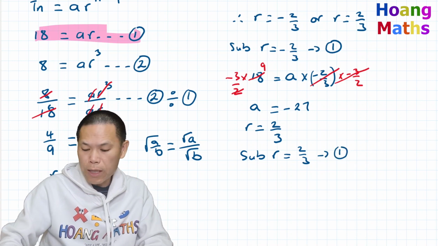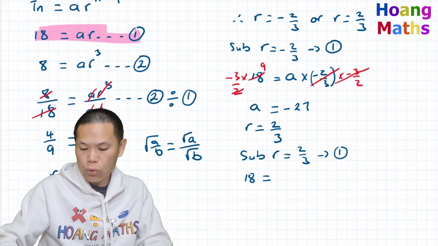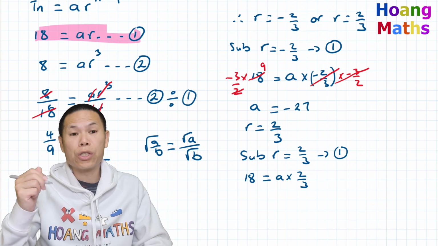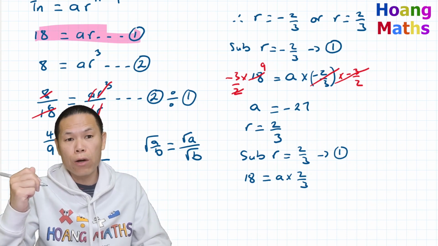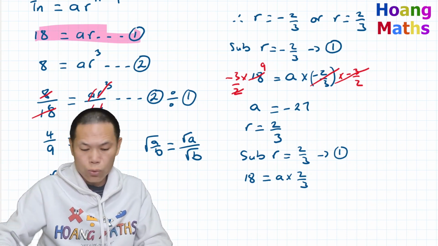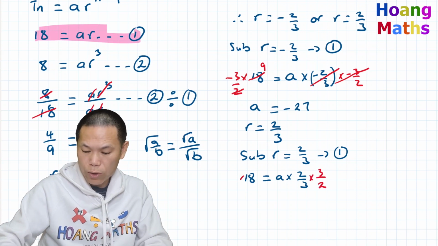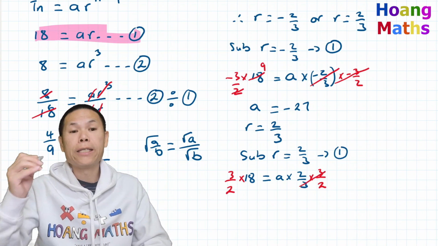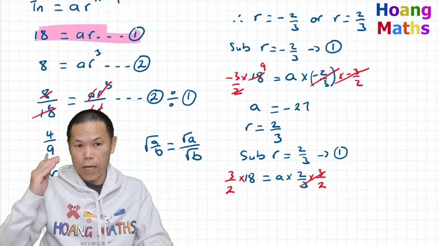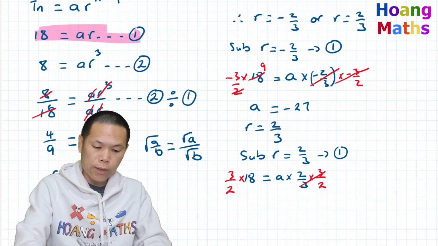So this means that 18 will give me A times 2/3. Now we multiply both sides by 3/2 to get rid of the 2/3. So those cancel out, and 18 divided by 2 is 9, and 9 times 3 is 27.